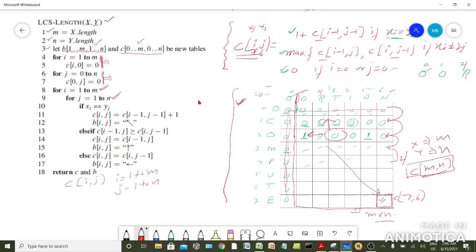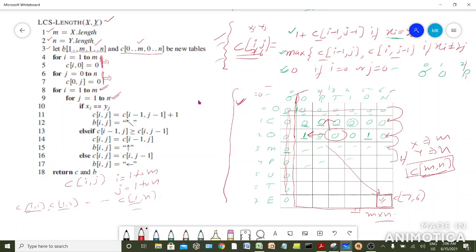Fine. So initially first row will be filled. It means c of 1 1, c of 1 2 and c of 1 n is going to be filled. Done.